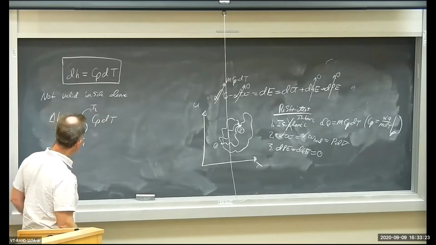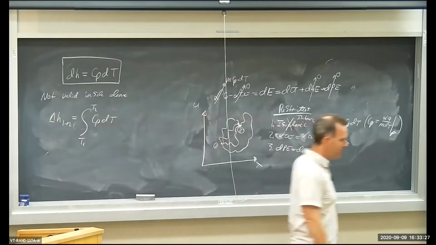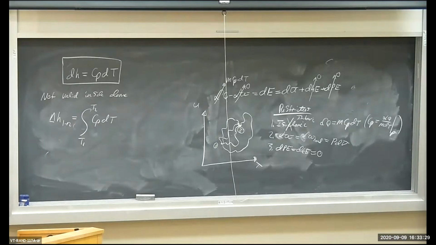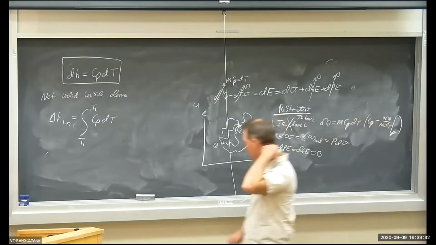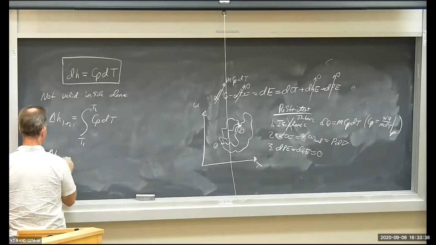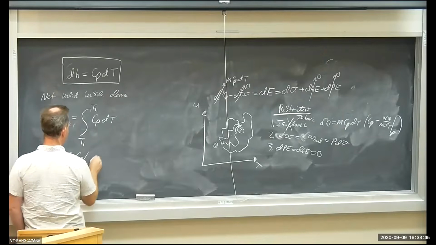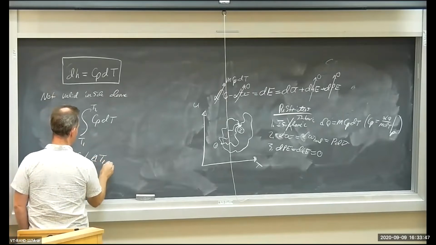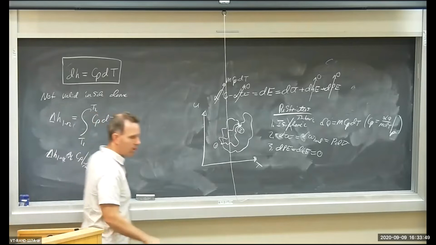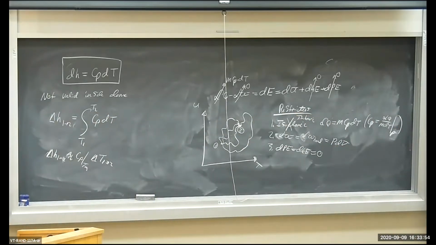And if you want to assume constant specific heat, you can pull this out of the integral and you get Cp evaluated at some average temperature times delta T. So sometimes for a small delta T, delta H is approximately Cp evaluated at some average temperature times delta T 1 to 2, okay?